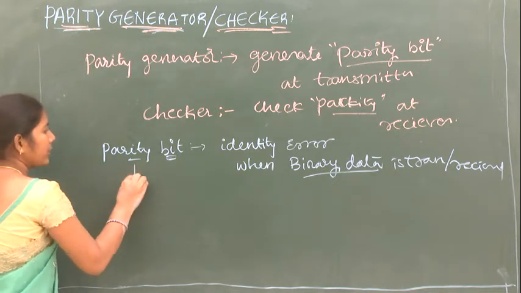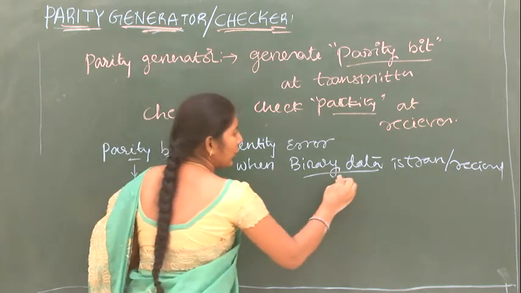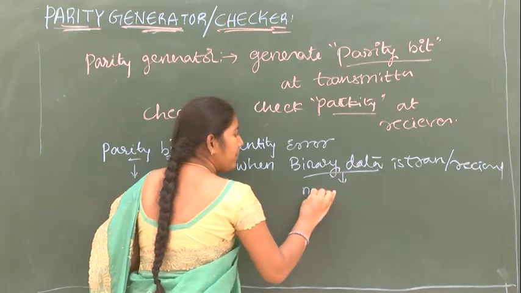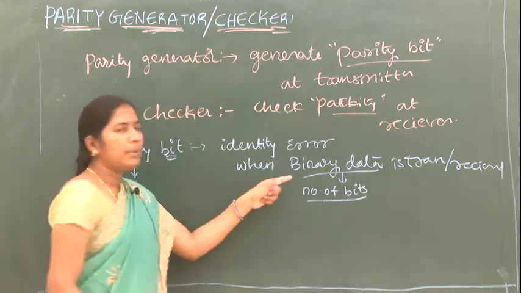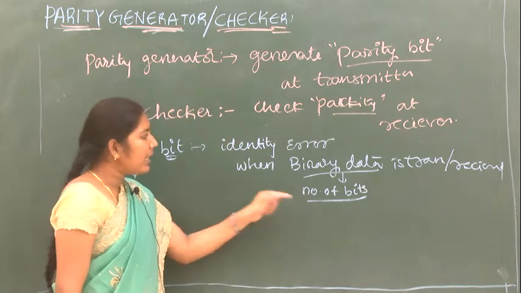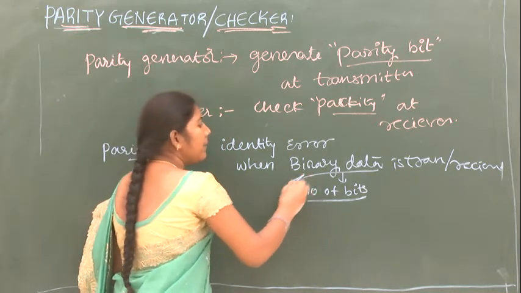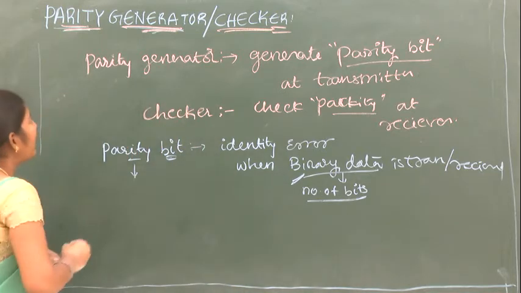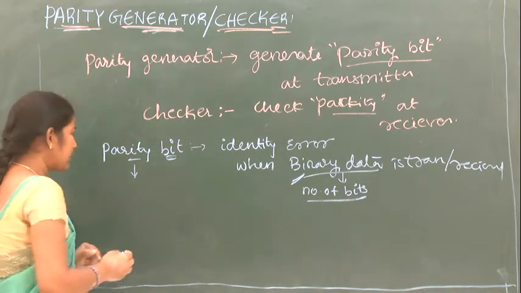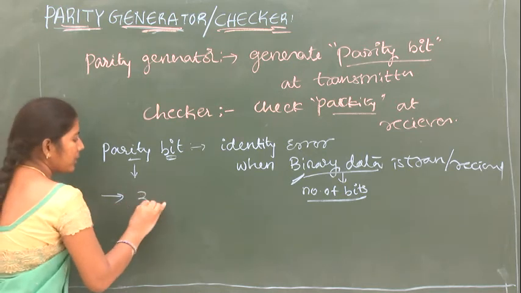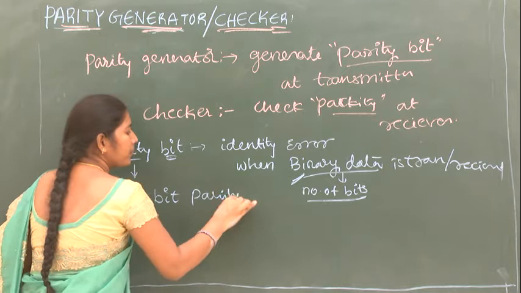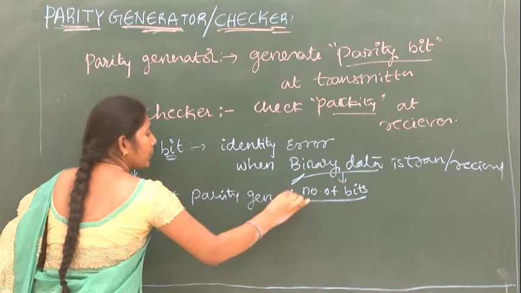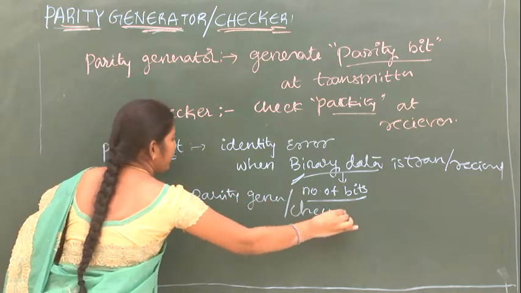Now, based on the number of bits which exist in the binary data, the parity generators or checkers are classified into 3-bit parity generator or checker.